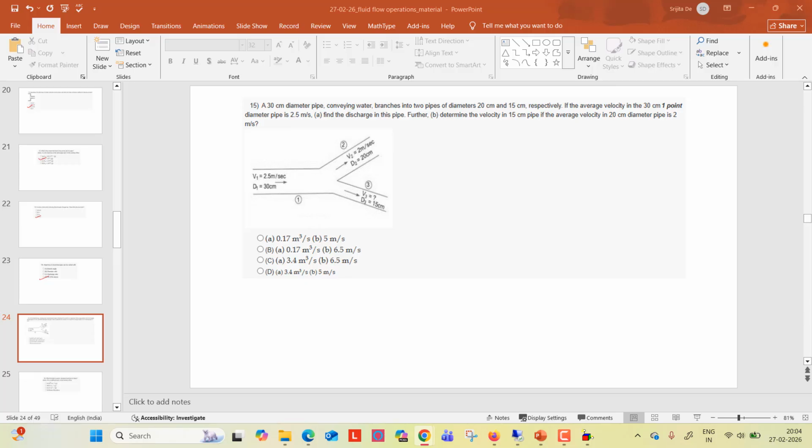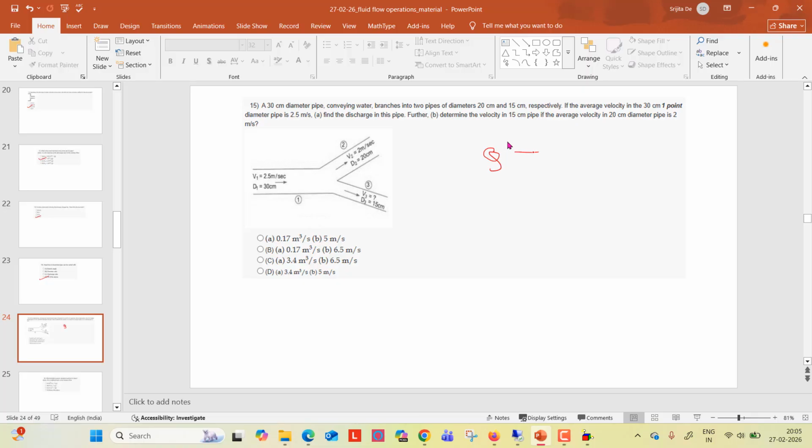So find the discharge in this pipe, right? Discharge means Q, right?